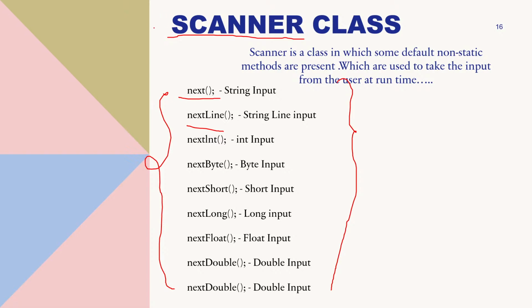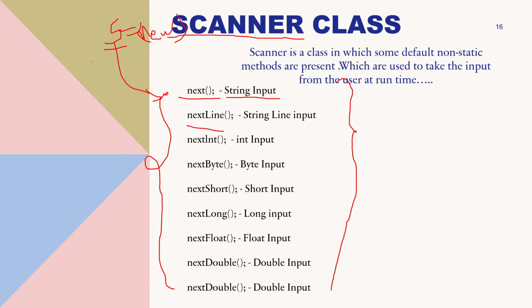By creating one object for the scanner class, we can call all these methods, guys. These all are the methods, guys. The next method means it will take string input. I will explain clearly, guys, while writing a program.